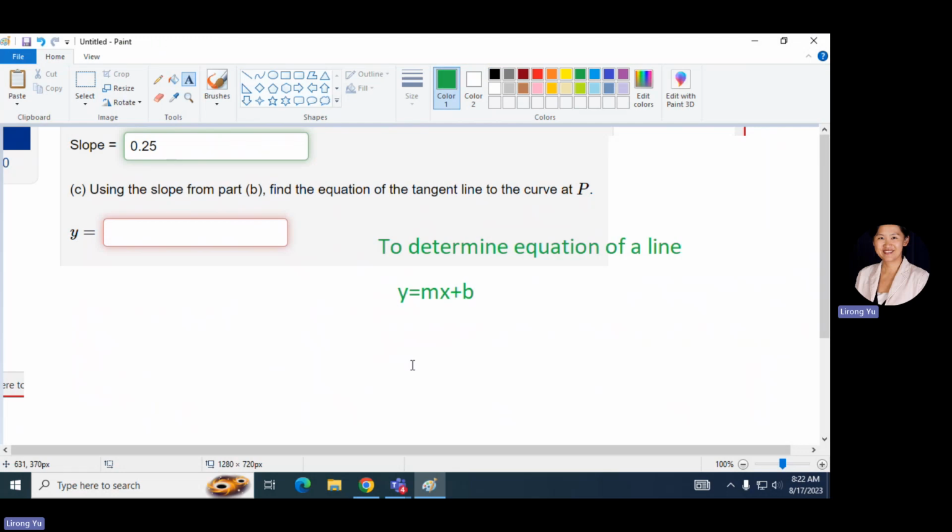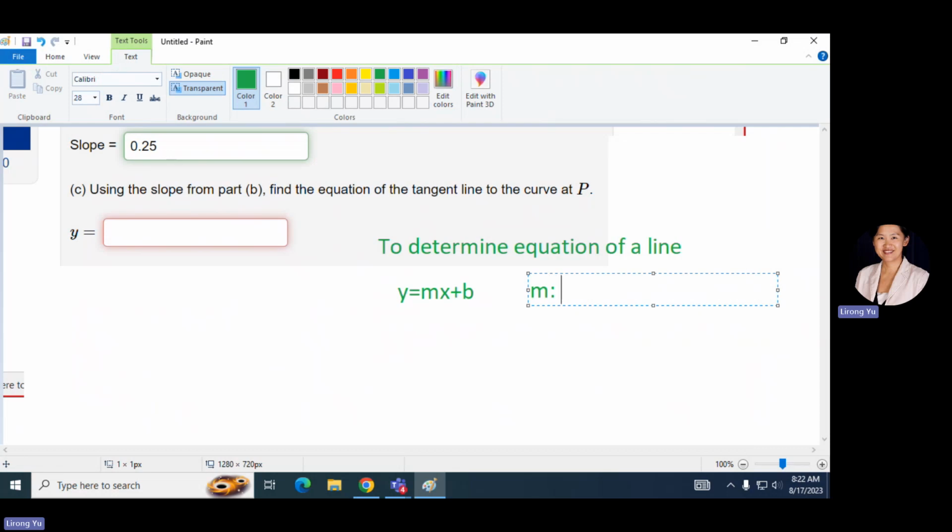If you have the slope, which is called m, and the y-intercept b, this will be the formula for the line, where m is the slope, which we have right now, and b is a number for the y-intercept.